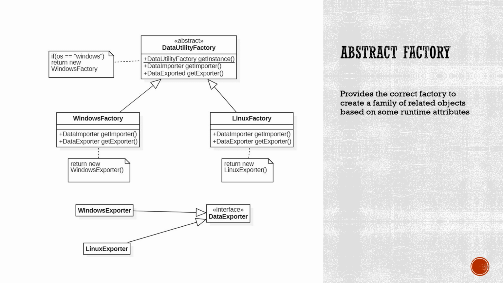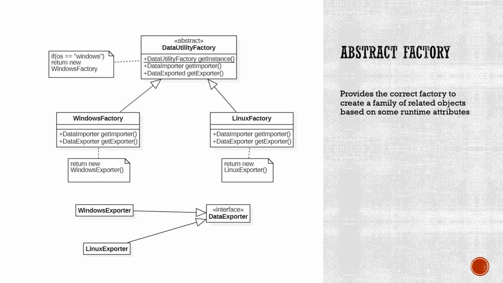And after we get the instance of the factory, let's say the Windows factory, we can get the object that we need. We can call the get exporter and it will return the Windows exporter. If it's Linux factory, the get exporter will return Linux exporter.